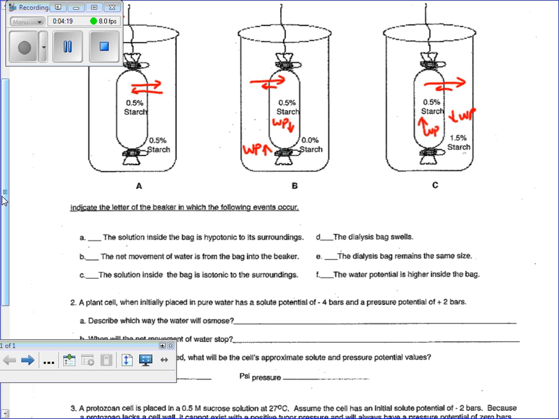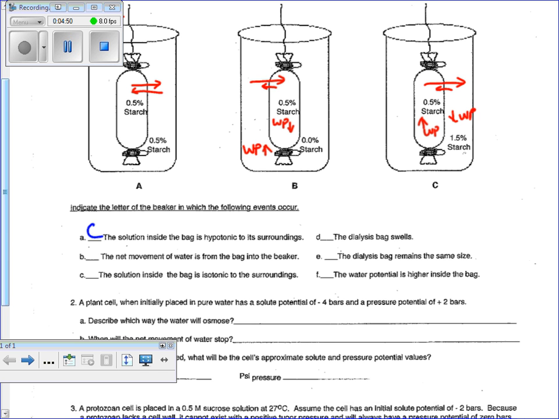So in which scenario do we have less solute than the environment? 0.5 is greater than 0. 0.5 is less than 1.5. Yes or no? So I would argue that the correct answer in this case should be C. That's the case where solute concentration is lower in the tube than the environment. That would make it hypotonic inside the tube. Yes or no?